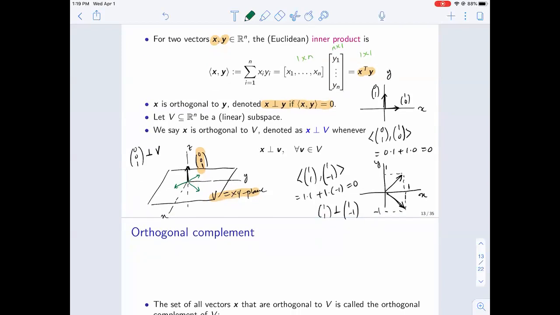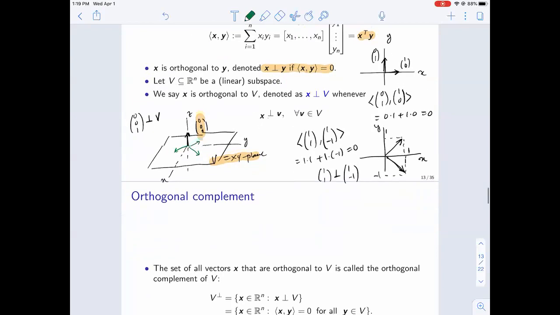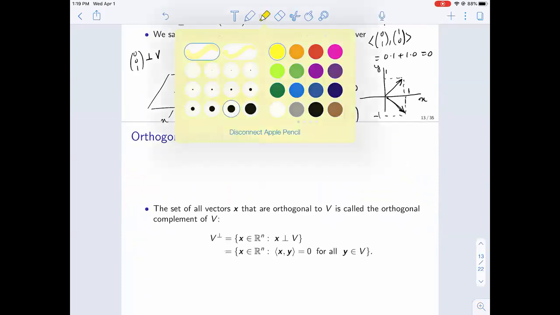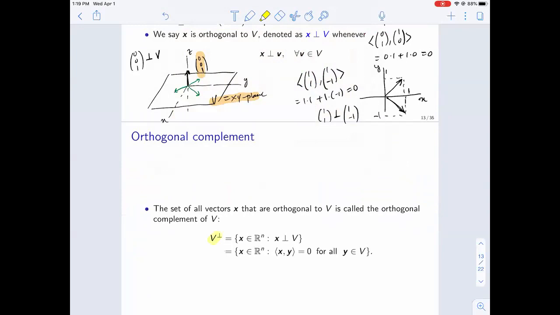Questions? No questions. Okay, now we can define something even a little bit more interesting. What happens if I take all the vectors? I have a subspace V, then I define a new subspace, which is called V perp. This V perp is the set of all X such that X is orthogonal to V. So I collect all the vectors that are orthogonal to V and call that V perp.